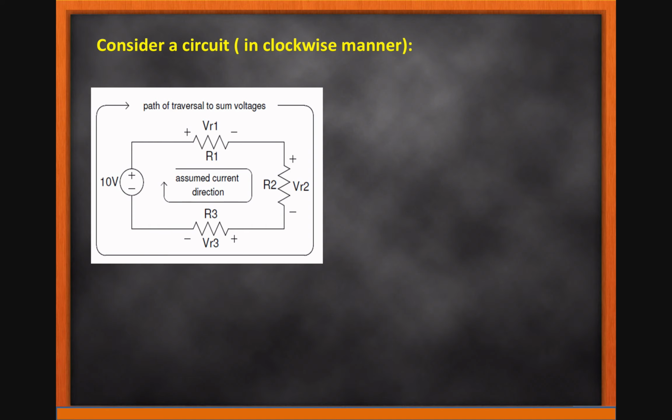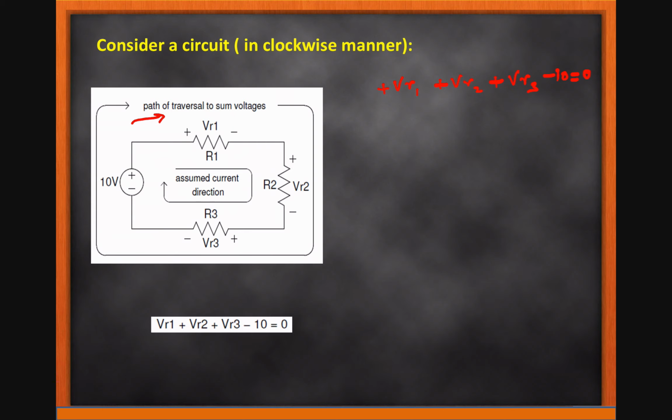For applying Kirchhoff voltage law in this circuit, if we are moving like this, we will write plus VR1, then plus VR2, then plus VR3 and minus 10 is equal to 0.